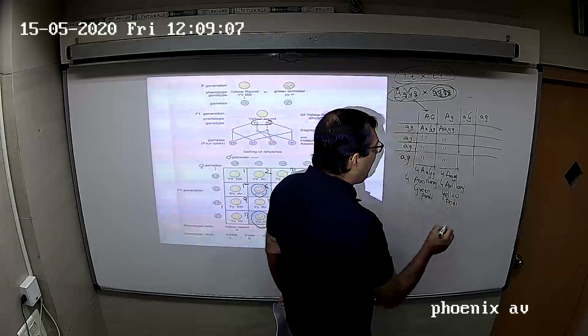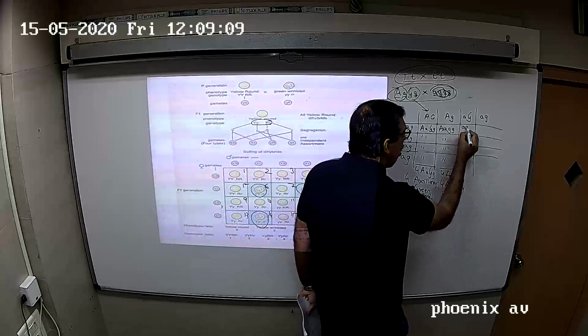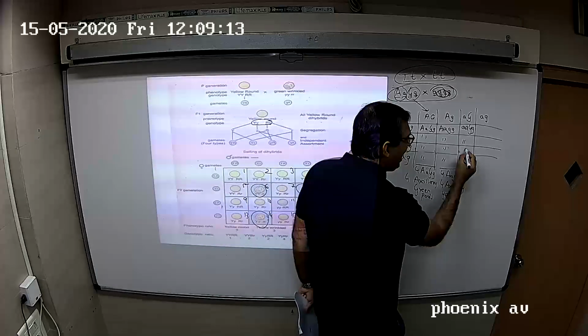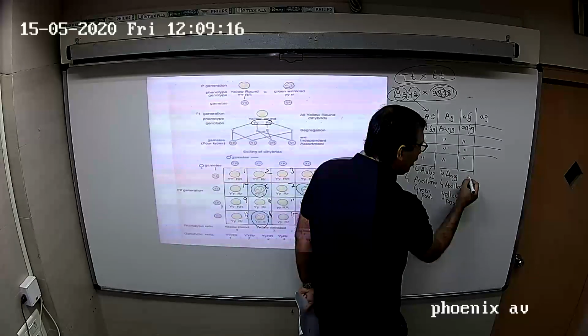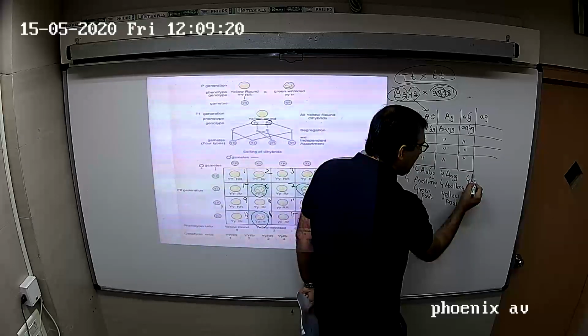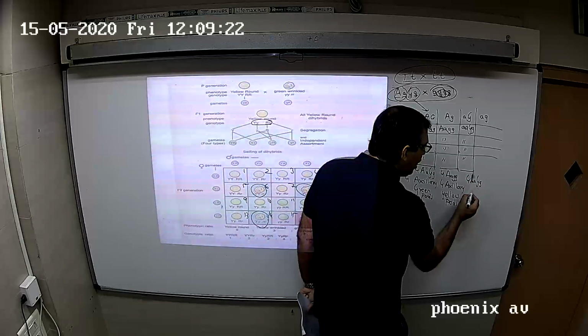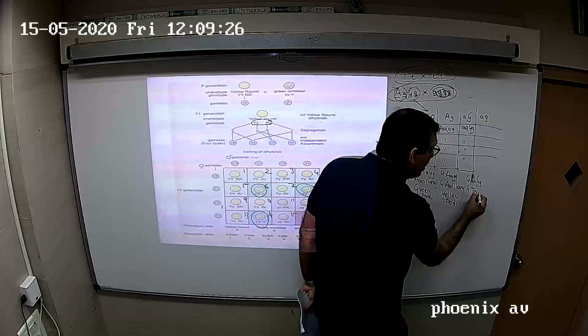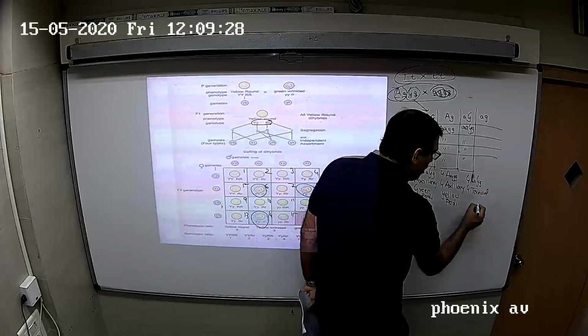And then here we have small a, capital G, small g. So 4 of them are small a, capital G, small g. So 4 are terminal with green pods.